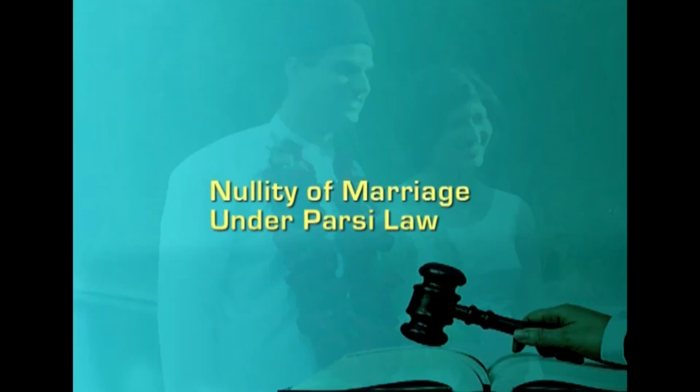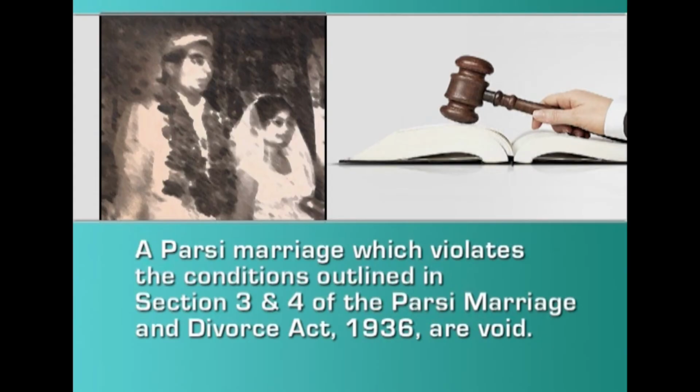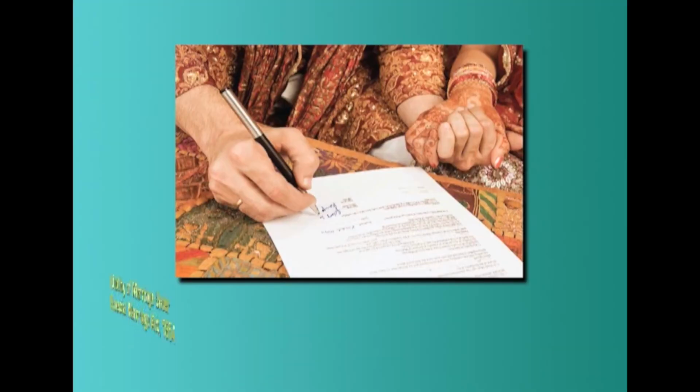Under Parsi law, a Parsi marriage which violates the conditions outlined in Section 3 and 4 of the Parsi Marriage and Divorce Act 1936 is void. Further, a suit for nullity of marriage may also be filed under Section 30 of the Act where consummation is impossible due to natural causes.